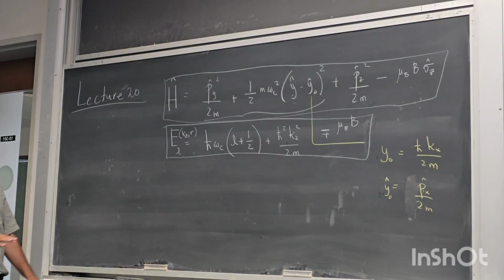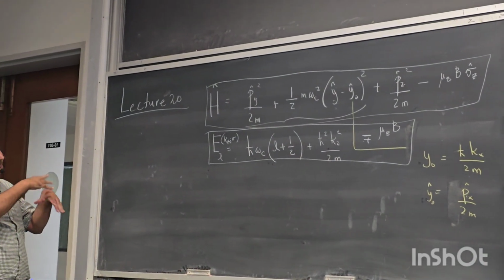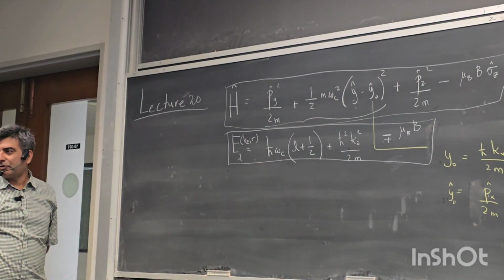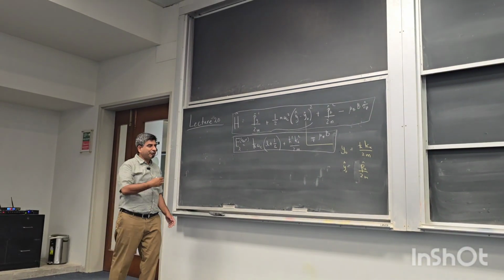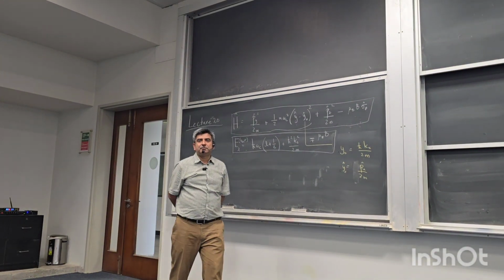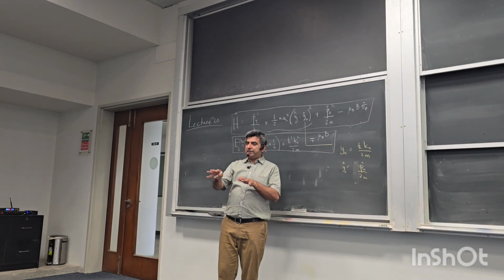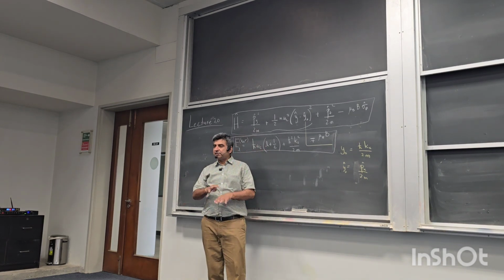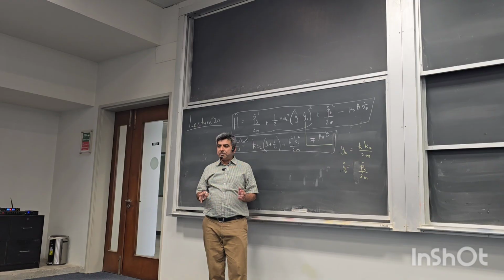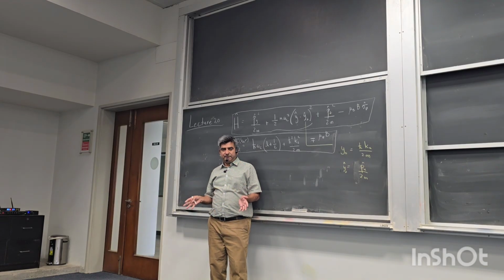So now we would like to see what is the meaning of all of this. What does it all mean? Any questions up till this point? So remember the physical scenario. We have a metal, say, and there's a sea of electrons, and these are free electrons. They're not interacting with one another, but they are exposed to a magnetic field.